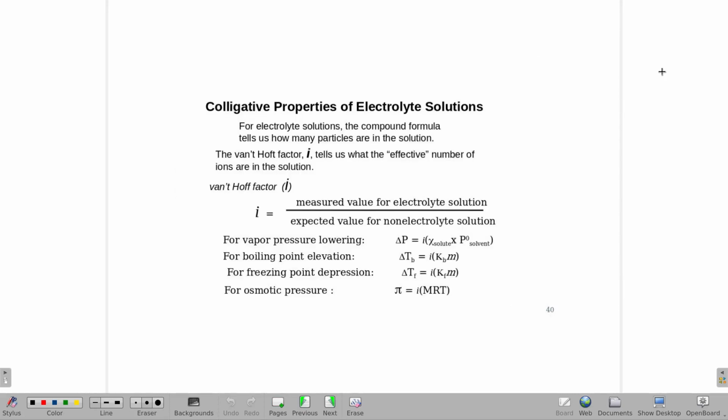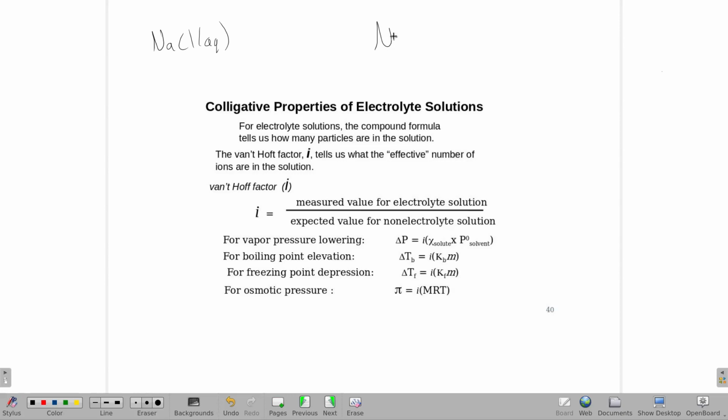All right. Our colligative properties, as we saw, work great on solutions of things like sugar or amino acids, but not so well on ionic compounds. The reason is, with NaCl, we go back to thinking about our net ionic equations.